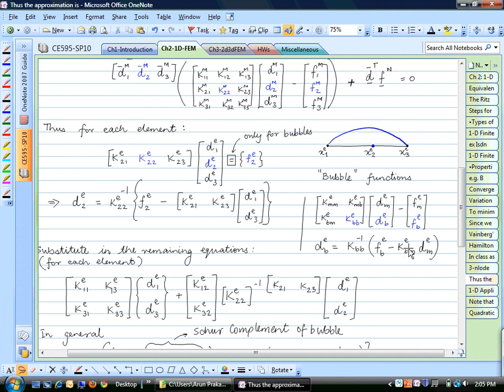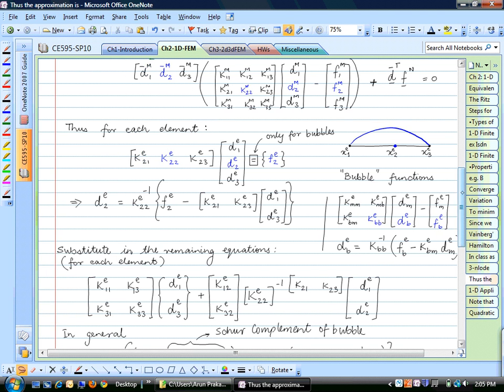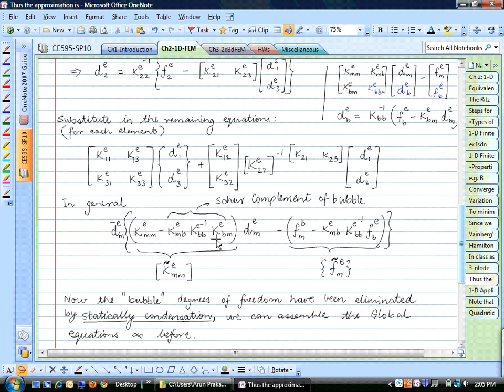Also, another thing to note here is that this sort of a procedure would be helpful only if you can calculate this quantity easily. This is the stiffness matrix corresponding to the bubble degrees of freedom, and we are actually explicitly inverting it.